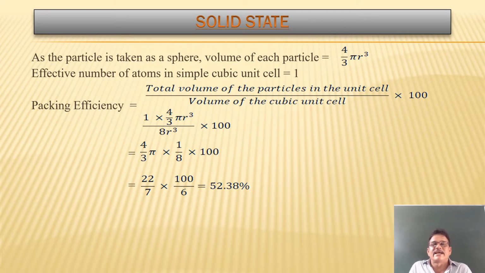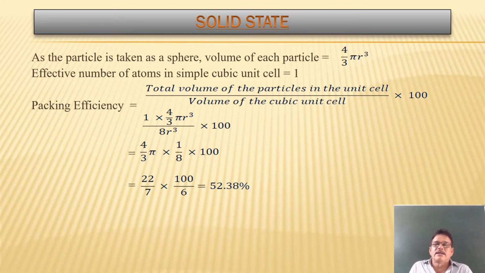As the particle is taken as a sphere, the volume of each particle is equal to 4 by 3 pi r cube. The volume of sphere is equal to 4 by 3 pi r cube, where r is the radius of the sphere. So the volume of each particle is equal to 4 by 3 pi r cube.